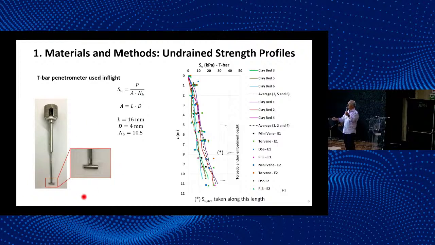The T-bar has been around for 30 years, developed at UWA, Australia, and it's being used offshore also. So these are the point resistance values. The point resistance is P upon A, but you have an N_b factor, so that works. Then you may have an undrained strength that goes like that.